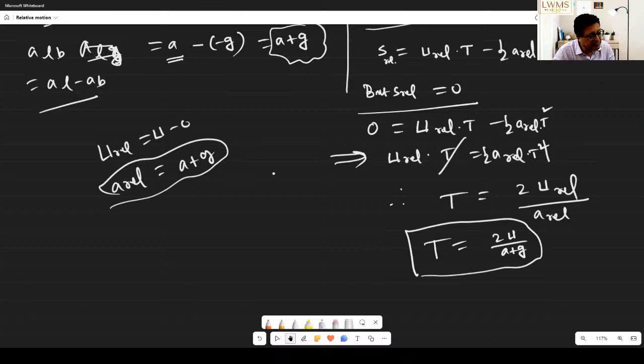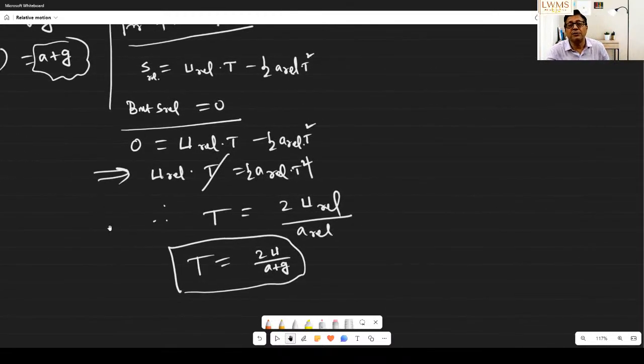Will you try to write? Let us find the maximum height first. How to get the maximum height? Before that we write all the equations of motion.